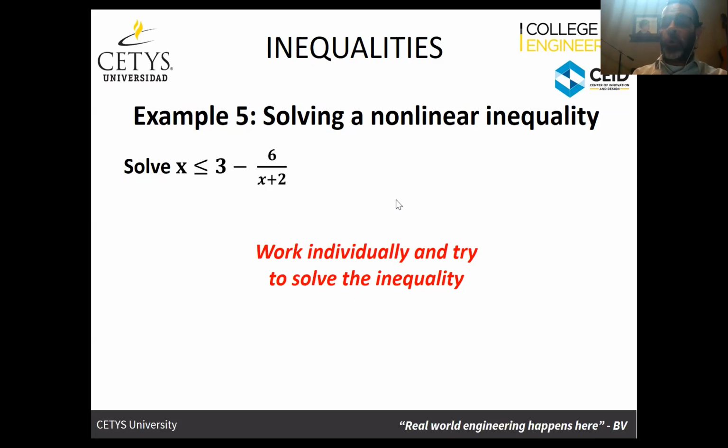Okay, so does somebody remember what was step 0 of the different steps that we were using for solving a nonlinear inequality? Step 0 is very important. Can somebody tell me what step 0 was? Anybody? We had to put like a 0 on the left or right side.